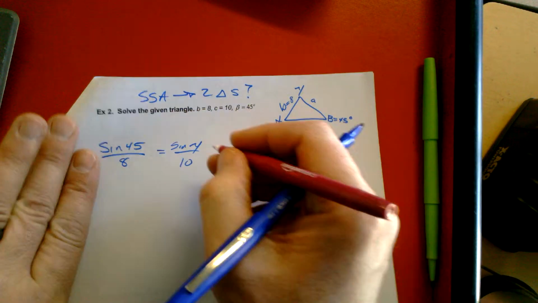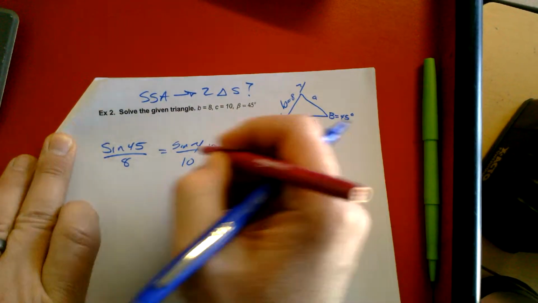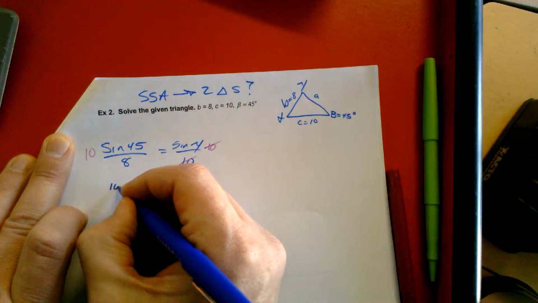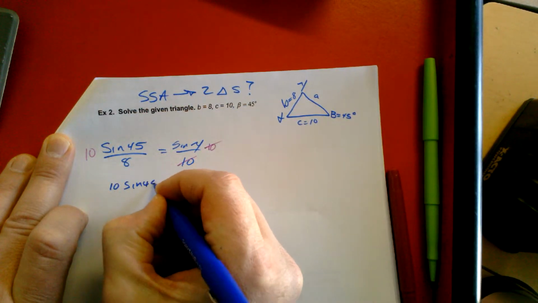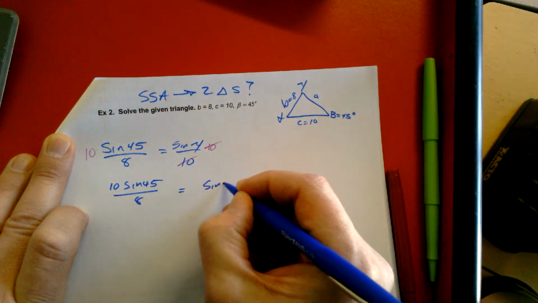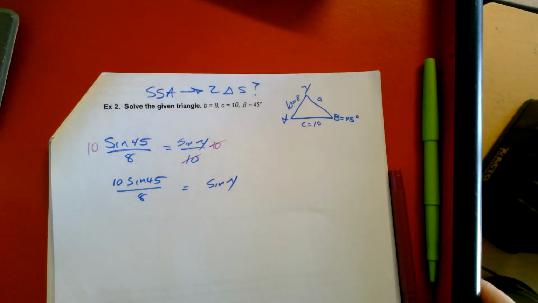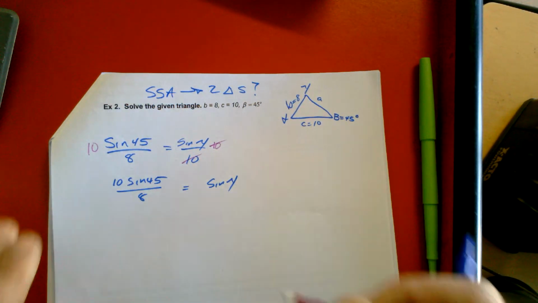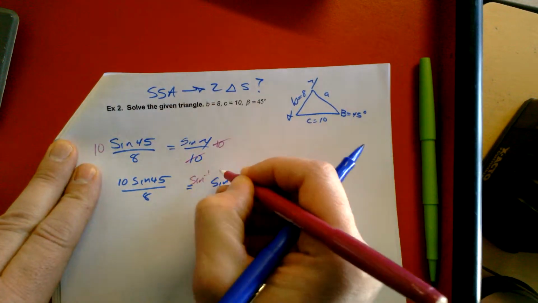All right, let's find gamma. Multiply both sides by 10, so these guys cancel. I get 10 sine of 45 all over 8, and that equals the sine of gamma. And then Ainsley, what do we have to do to both sides? Inverse sine. There we go. Go ahead and inverse sine that.